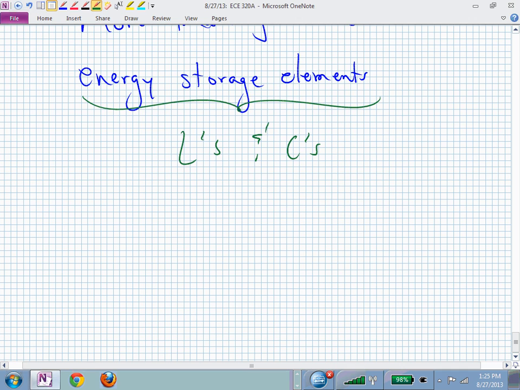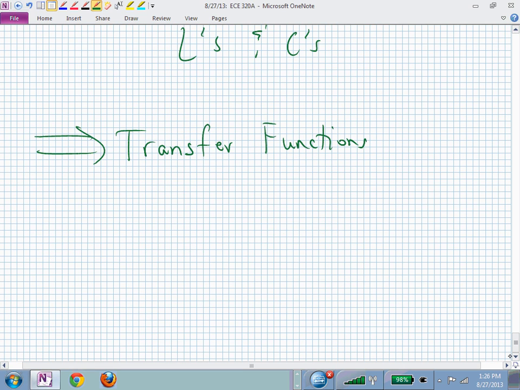We can now not just look at the impedance, we can generalize that impedance to have our impedances represented in terms of S, or this complex variable S. That will allow us to come up with transfer functions, meaning we might have a relationship between some voltage in the circuit and maybe some input.